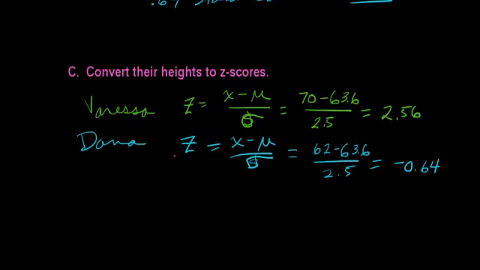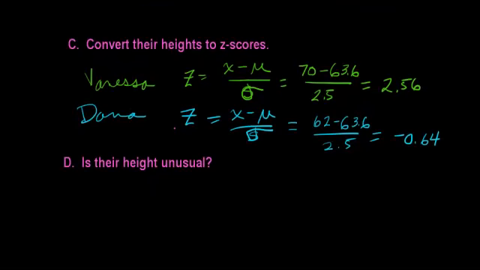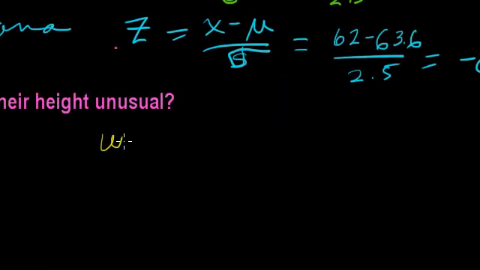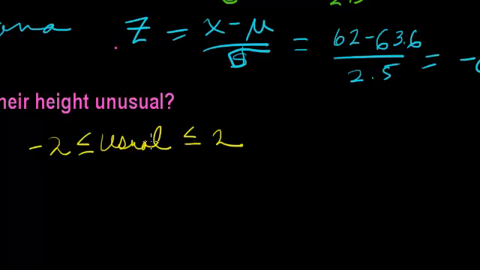Another question we might be asked then is, is this unusual? Is Vanessa's height unusual? Well, remember that we said that usual values fall between 2 standard deviations above and 2 standard deviations below.